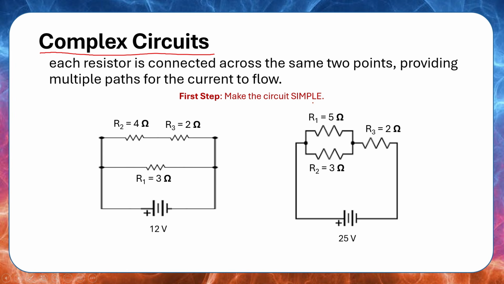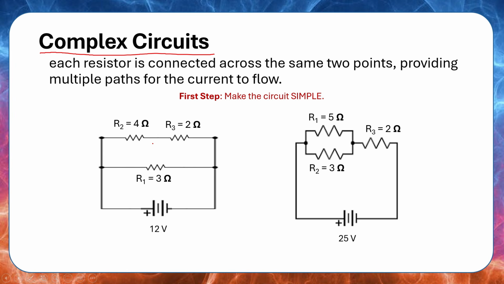The first step that you need to do is just to make the circuit simple. That's the first step. Okay, for example, this circuit here, they look like a parallel, right? They're almost like a parallel. So we can simplify this by turning this into a simple parallel circuit, right?